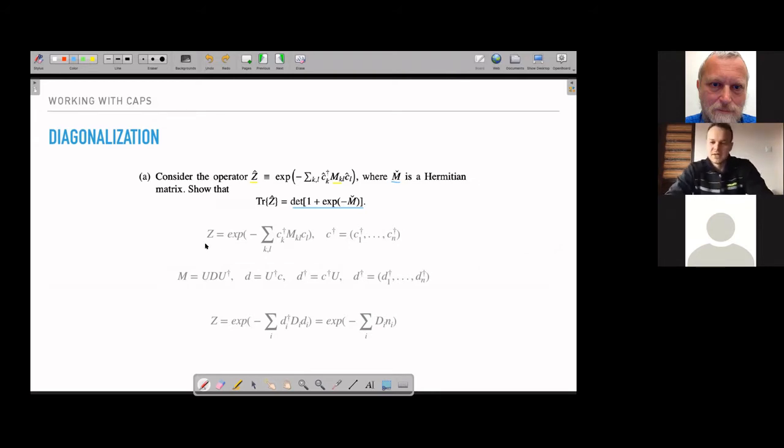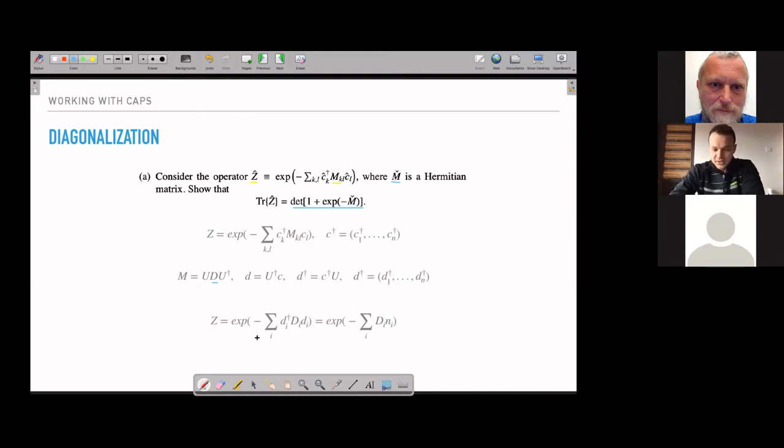So we have this formula for the matrix M, which we express as the diagonal matrix D times some unitary transformation. So we perform this change of representation to find other creation and annihilation operators which serve as a basis in which this matrix M will be a diagonal matrix.